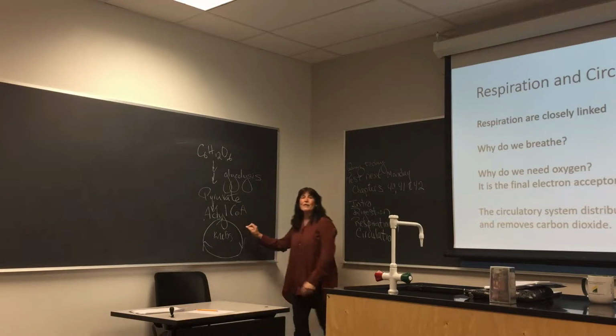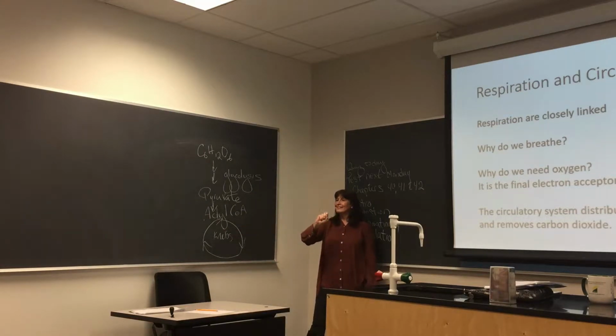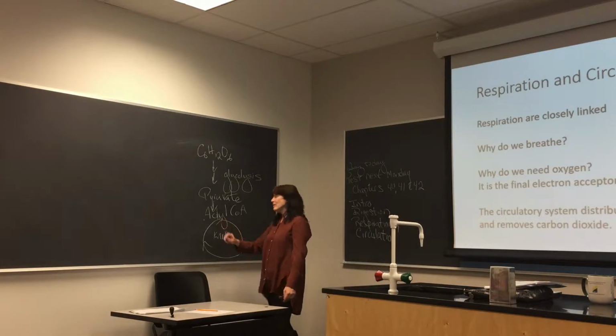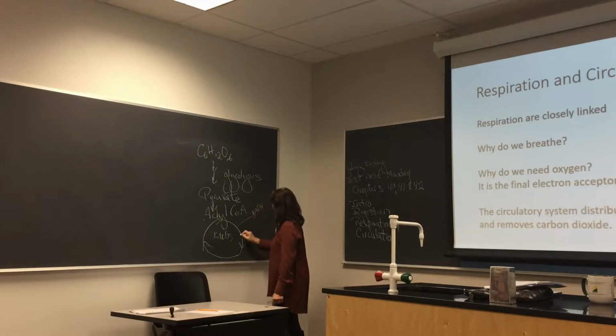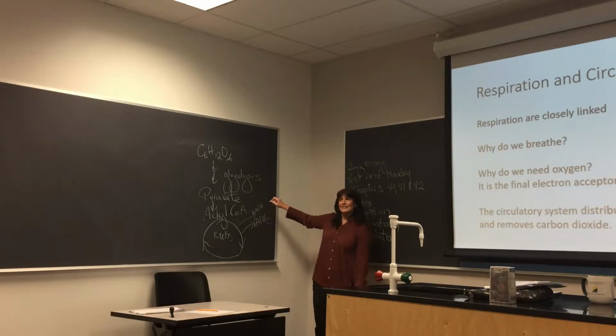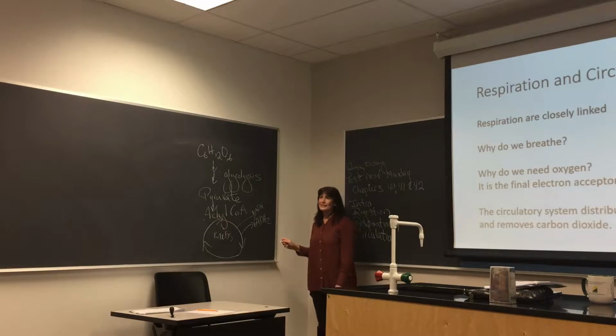Right? And what gives off from the Krebs cycle? What comes off? I know there's some waste and stuff, but we have some energy molecules. And what happens with these? Where are they fed into?